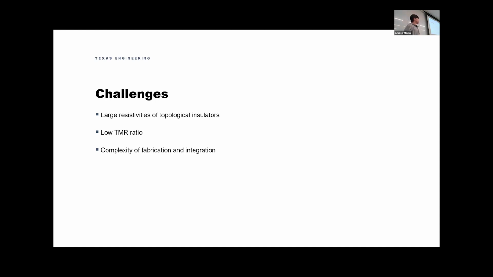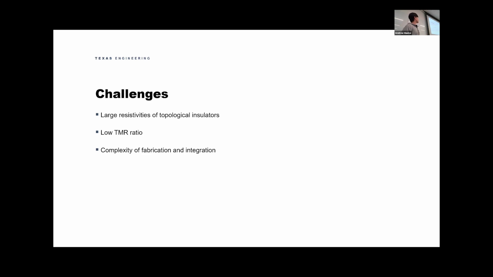And a common problem with all magnetic tunnel junction devices in general right now is that they have a low TMR ratio, which is their on-off ratio. So the most competitive devices right now are upwards of 200 plus, some being as high as 600.